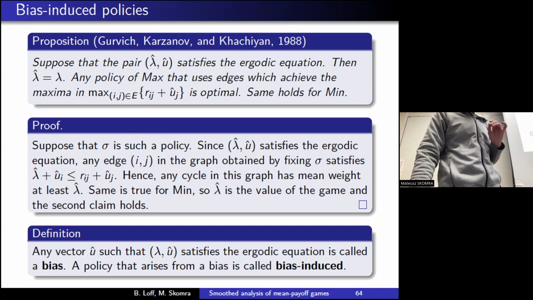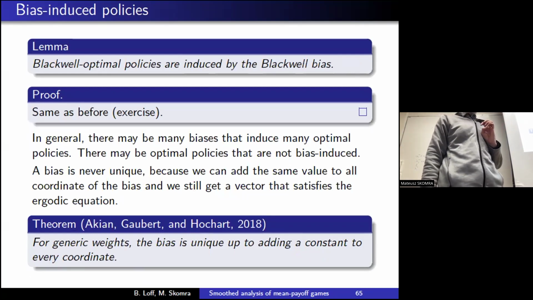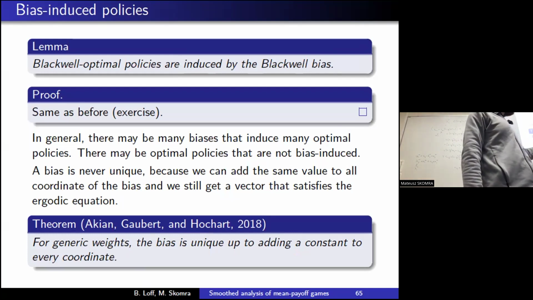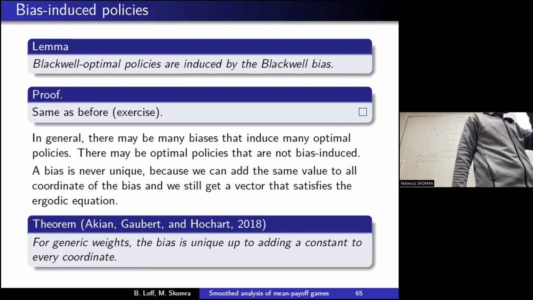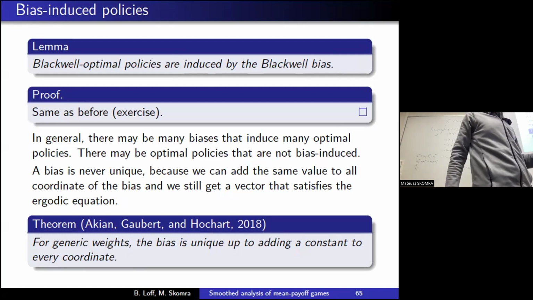And there is an interesting theorem by Akian, Gaubert, and Hochart, who said that for generic weights, if your graph has generic weights, then actually this ergodic equation will have one solution up to adding a constant to every coordinate. Okay, so now we say that the Blackwell bias is always a solution, but if the weights are generic, it's the unique solution up to trivial transformation.